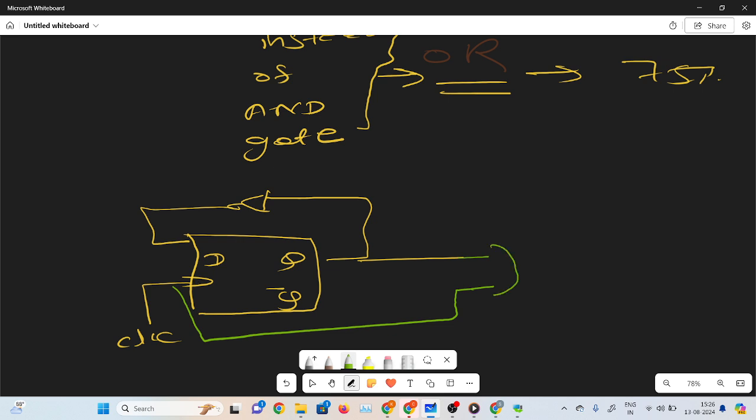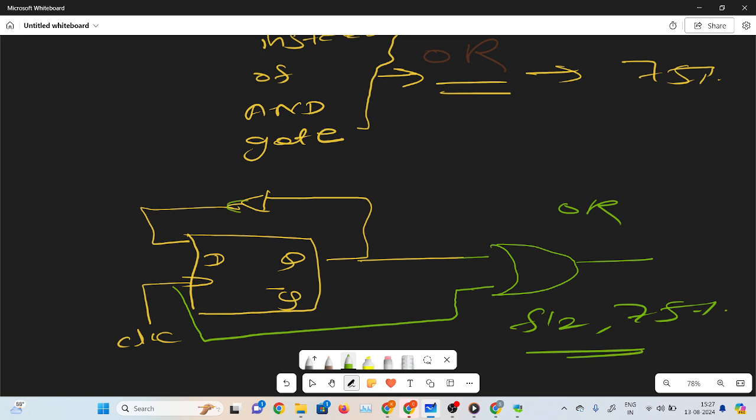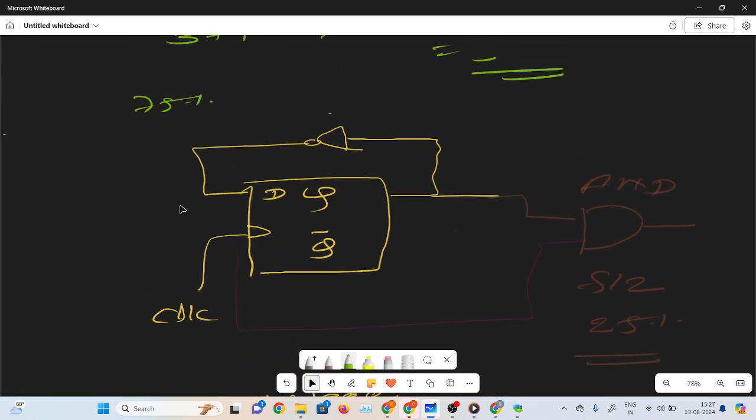If you tell me, I will draw the waveform also. So this is the OR gate. This is the F by 2 circuit with the 75% duty cycle. This is not a buffer, this is the NOT gate. You should remember this is the NOT gate.